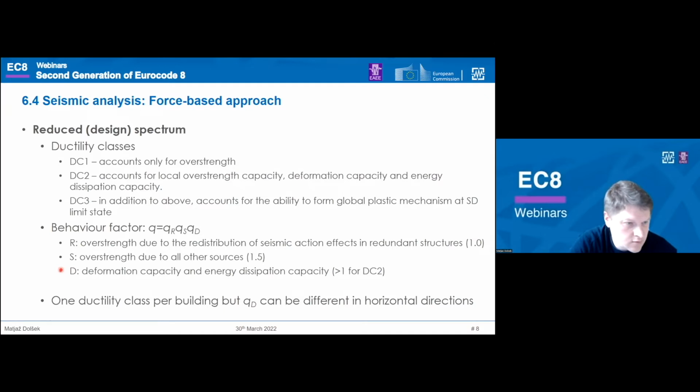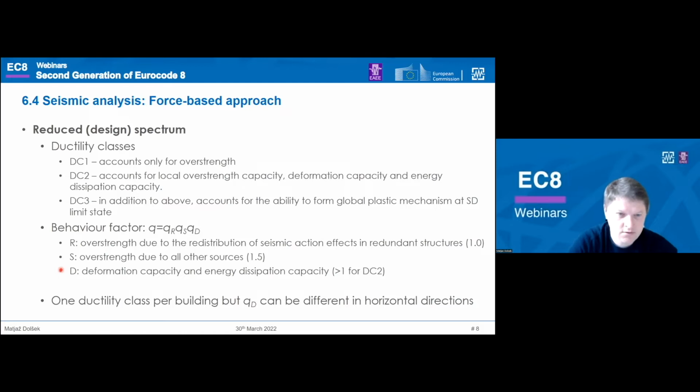Maybe a small warning regarding the presentation of Professor Bisch. You may recall that it was nicely presented how these 3 components of the behavior factor can be discussed or presented in terms of the pushover curve. But please be aware that the behavior factor is related to the significant damage limit state and not to the ultimate displacement as presented in the diagram of Professor Bisch.